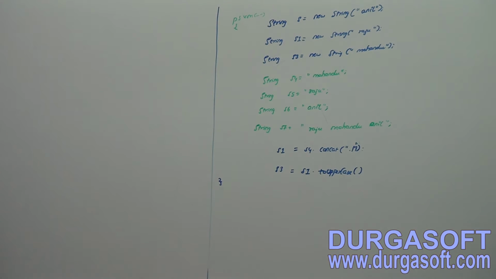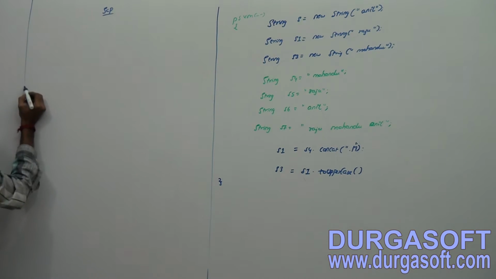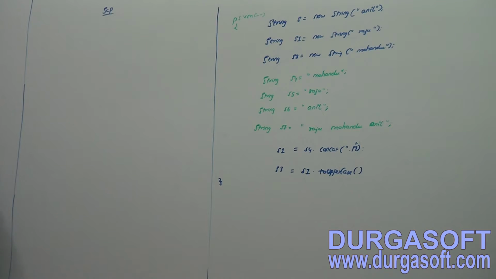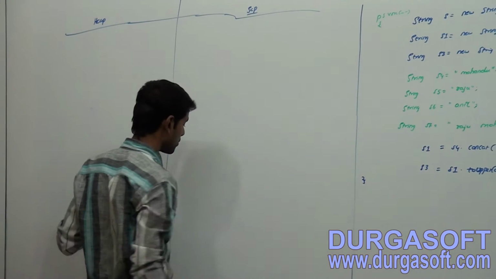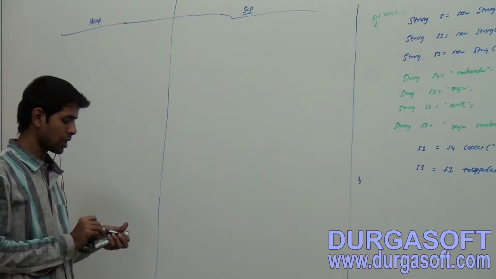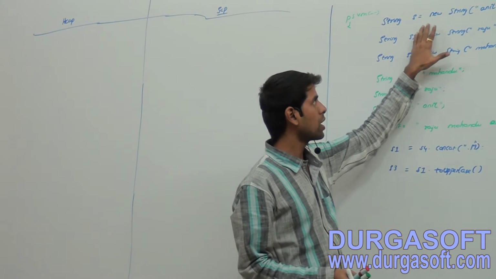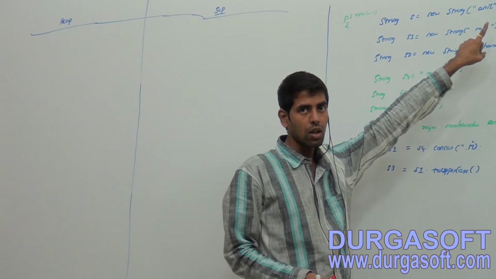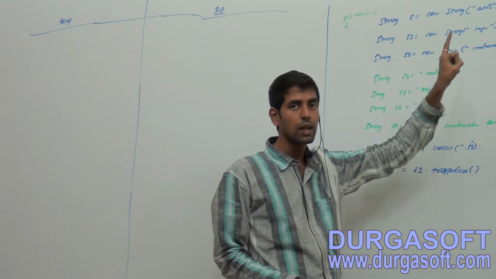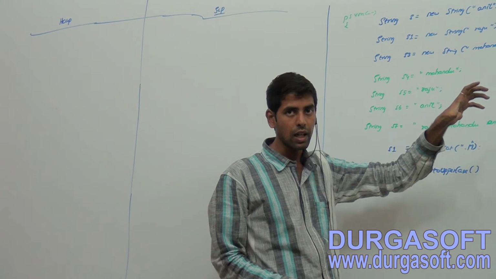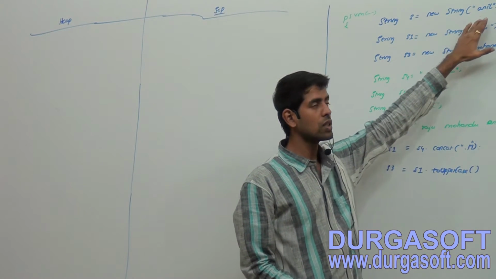Let it be heap area and let it be buffer area, that is the string constant pool area, which is available for our string objects. Now because of this first statement, what happens in memory? It encountered a string literal Anil, so it will create a literal object at SCP. What is the process?